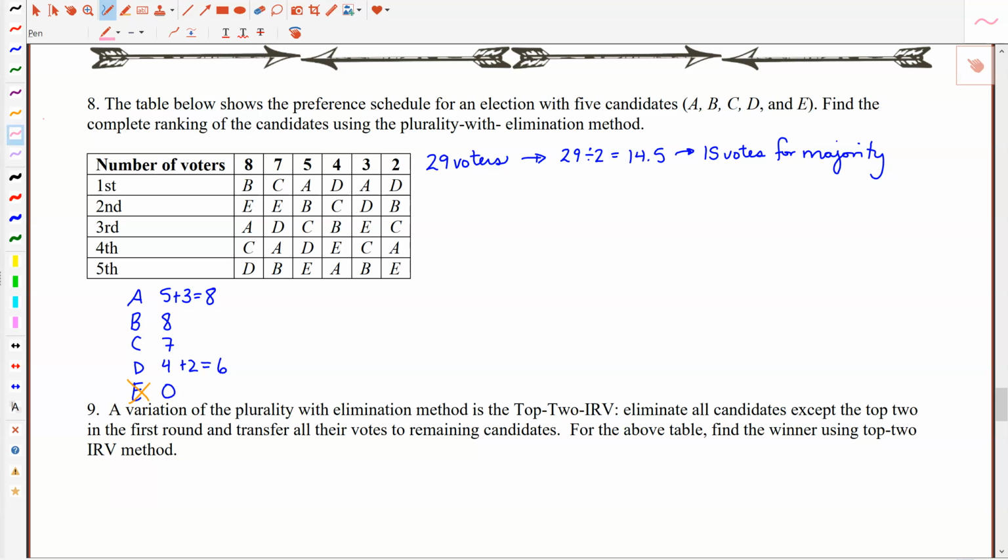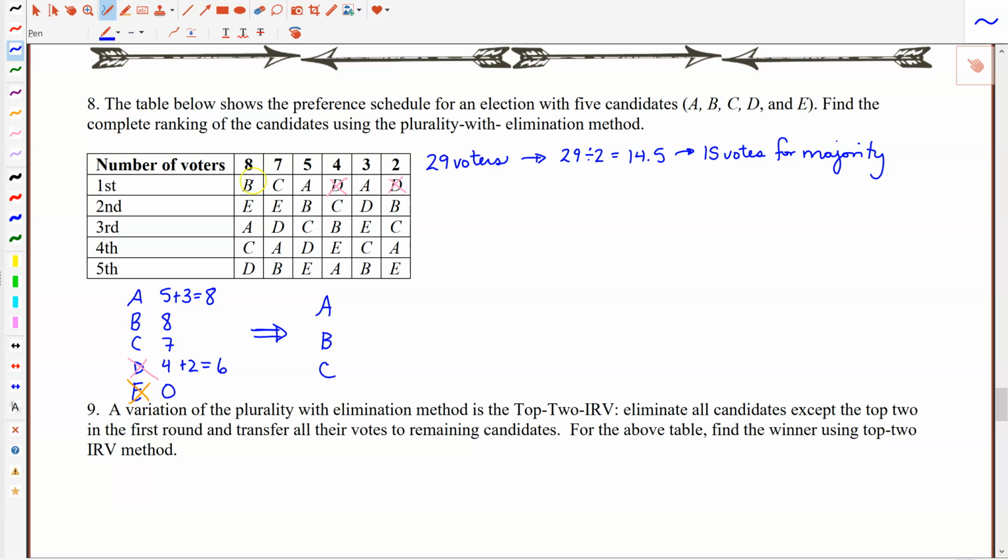So in this case, that person would be candidate D. So now I'm going to move on to the next round. At this point in time, A, B, and C are still in the race. Let me go cross out D in my table. So then I can think about where those votes went.